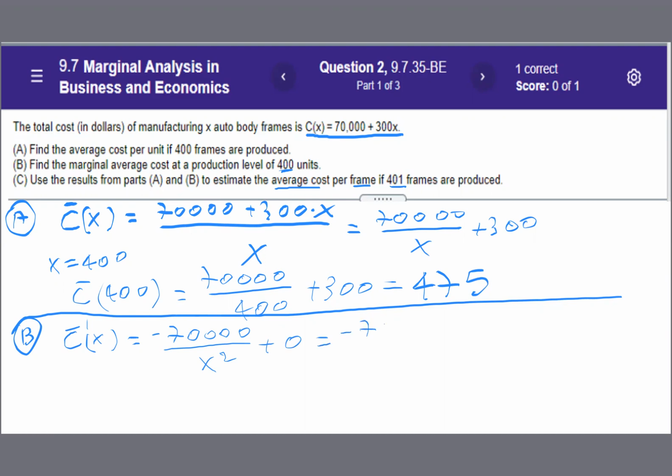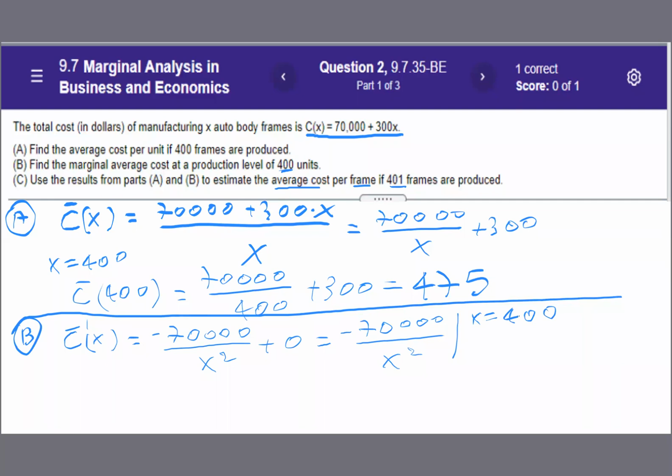So negative 70,000 over X squared. In our case, we're going to find the marginal average cost at the level of 400. So we have X equals 400.